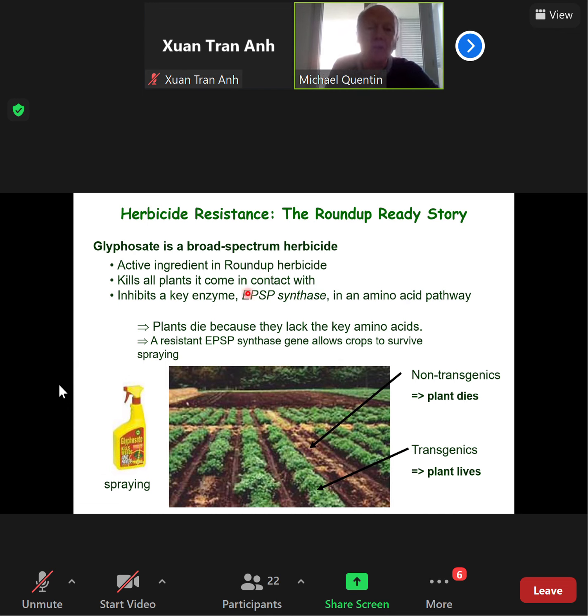Why? Because it's inhibiting one key enzyme present in all plants, which is the EPSP synthase. And this enzyme allows biosynthesis of amino acids. So if you inactivate this enzyme, the plant will not be able to produce amino acids, then not be able to produce proteins, and it will die.